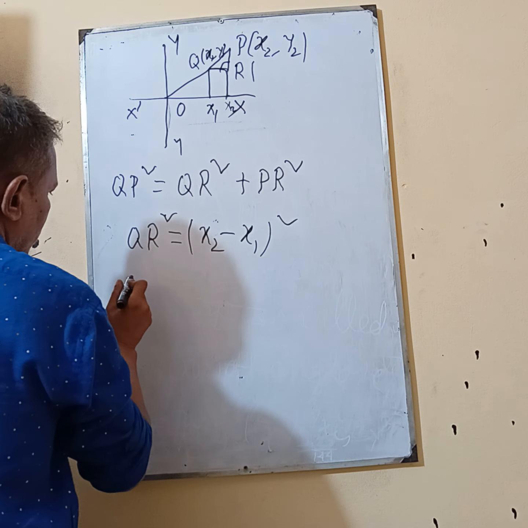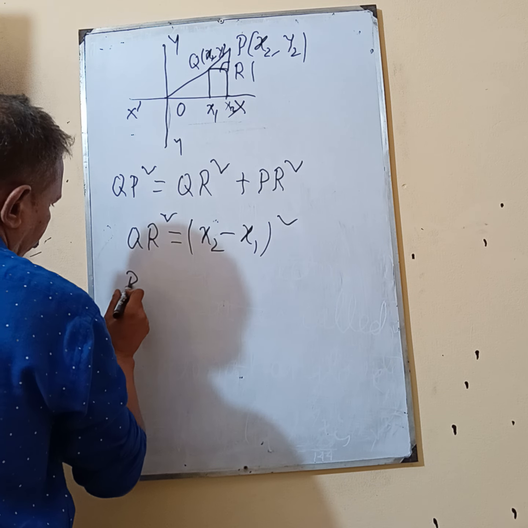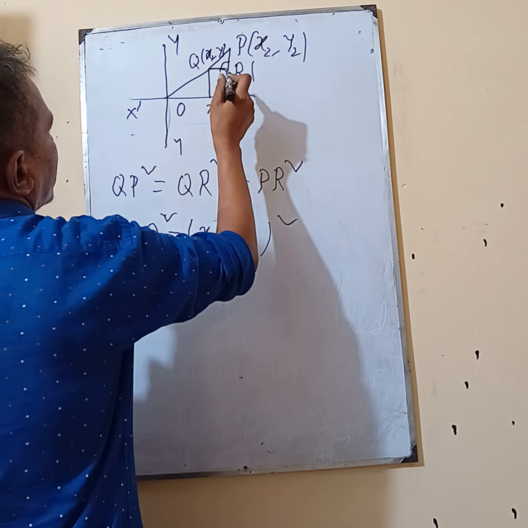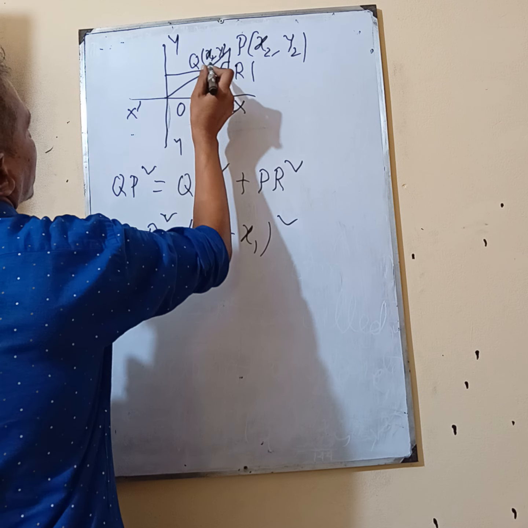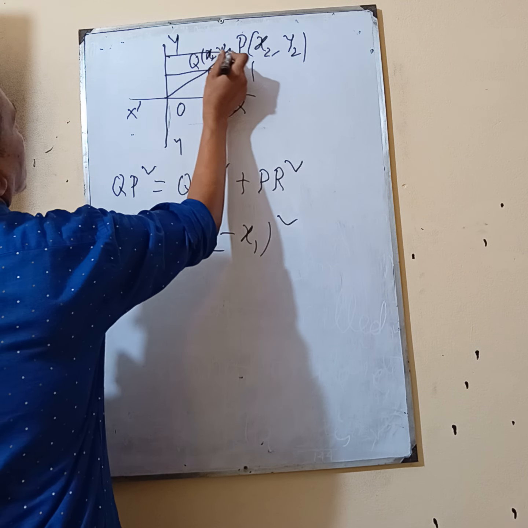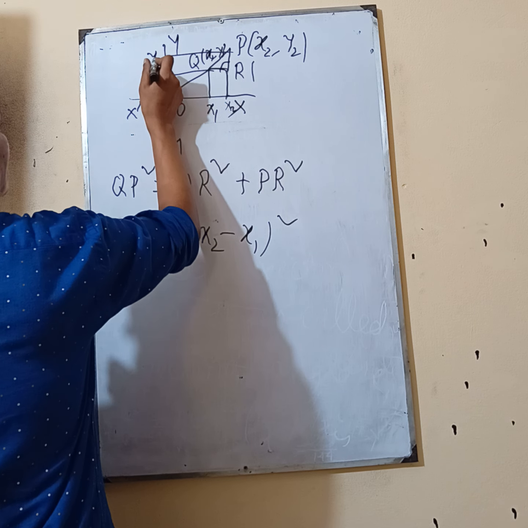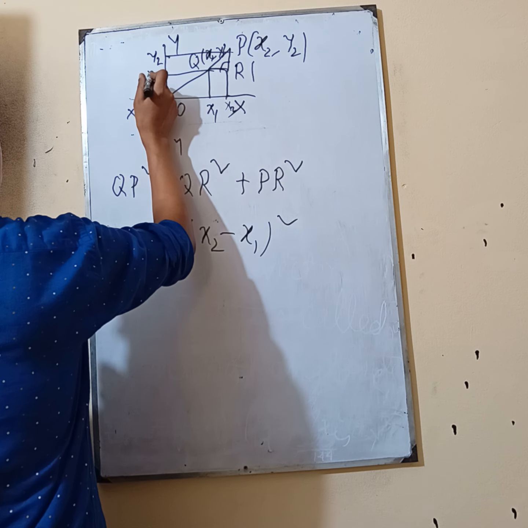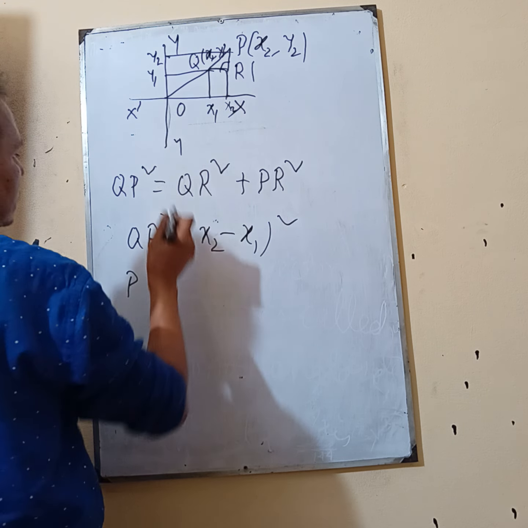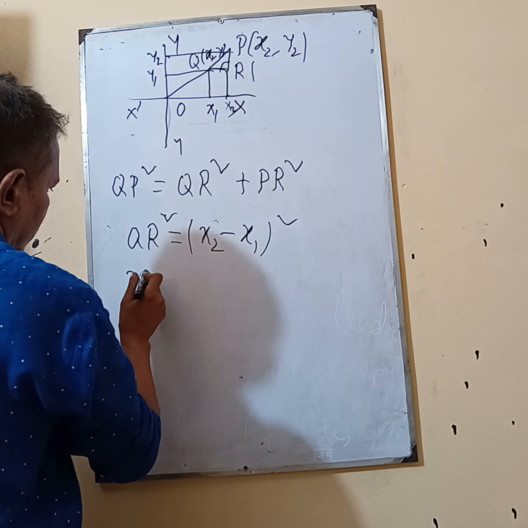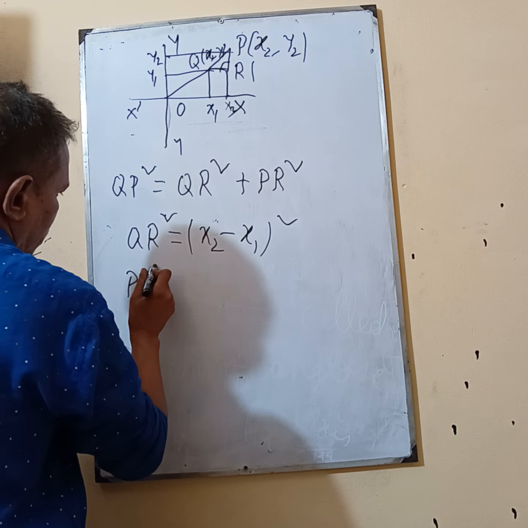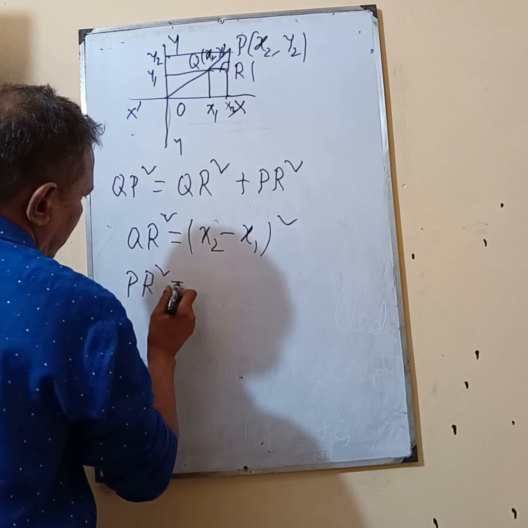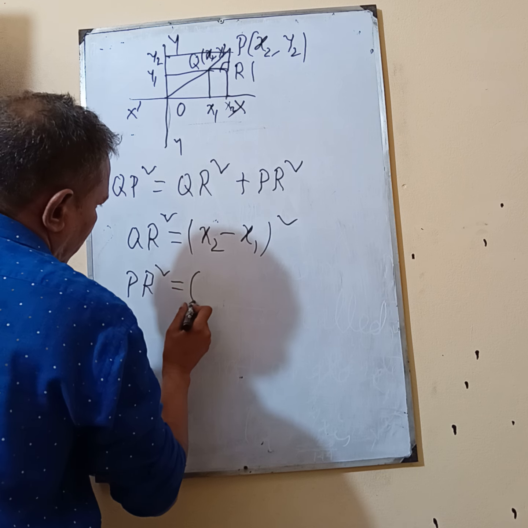PR is y2 minus y1, so PR square is (y2 minus y1) whole square.